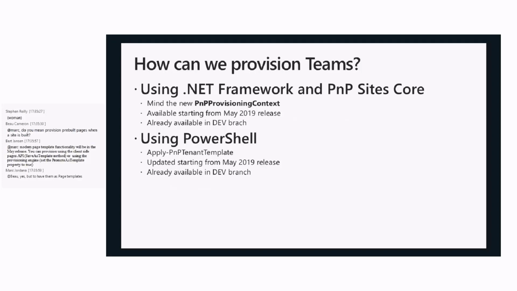Because, of course, under the cover, the provisioning of Teams leverages the Microsoft Graph and most of the beta actions that are now available in the beta endpoint of the Microsoft Graph. So keep it in mind. We are still using some of the beta actions available in Graph.